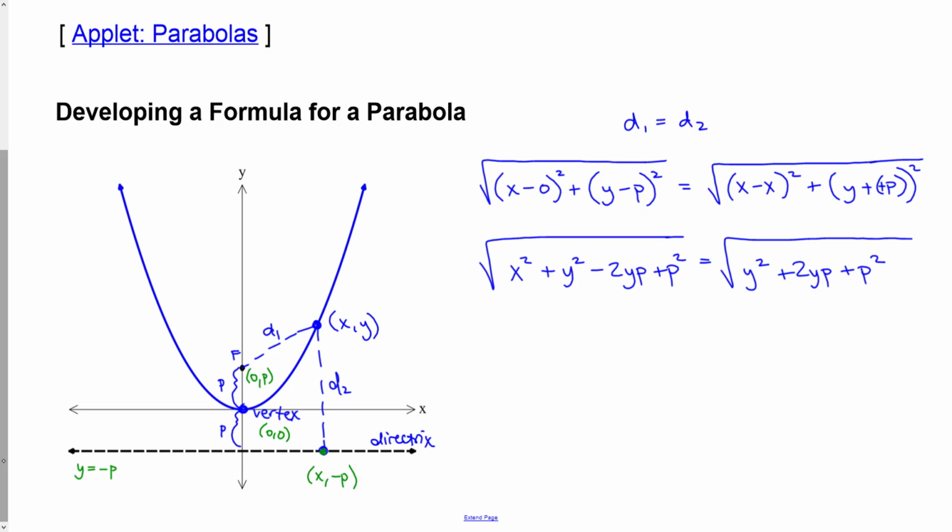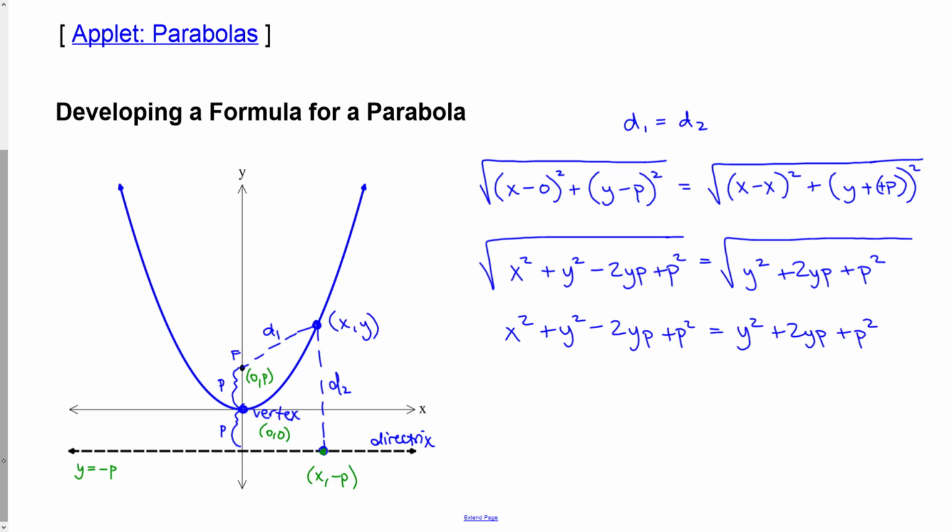Now, I'm going to square both sides, because if I have the square root taken on both sides, I can square both sides and release what's underneath those square roots, which gives me x squared plus y squared minus 2yp plus p squared equals y squared plus 2yp plus p squared. And there's a bunch of terms on each side that are equal.